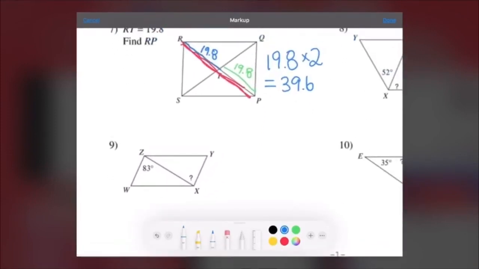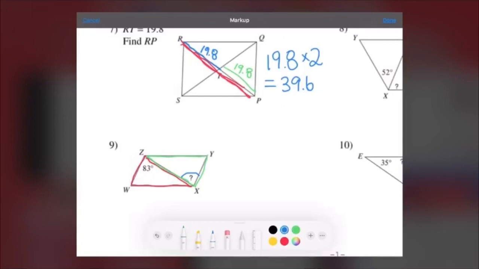Number 9, we have to find this angle here, ZXY. So, when we have a diagonal in a parallelogram, it creates two equal triangles. So that means that this whole triangle WXZ is equal to triangle XYZ.